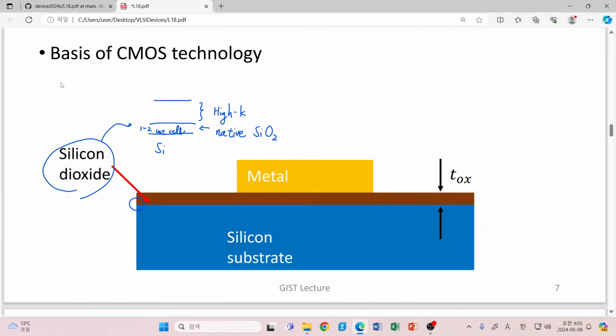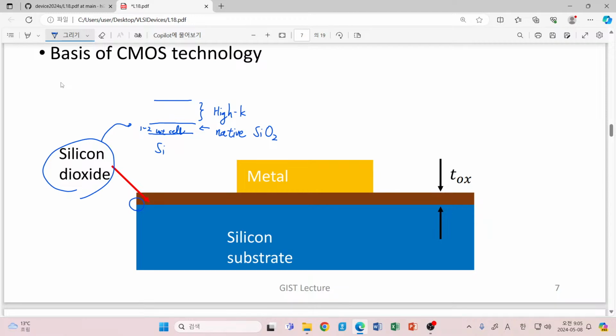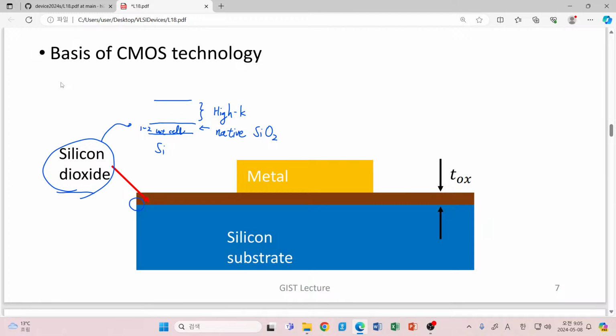However, for a while we will just consider this silicon dioxide layer as a single layer with a single composition. But please note that in reality we have a layered structure, with a very thin native oxide and a relatively thick high K material. This high K material is usually made of hafnium oxide, and its permittivity is several times higher than silicon dioxide.